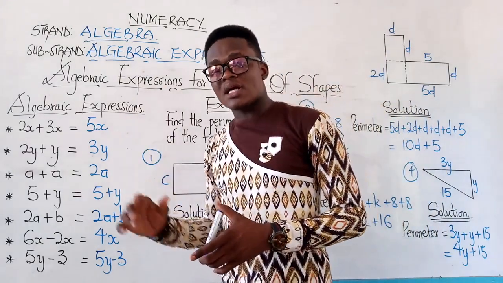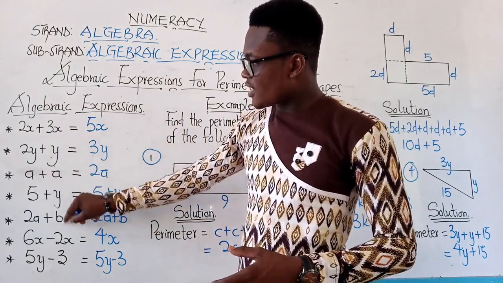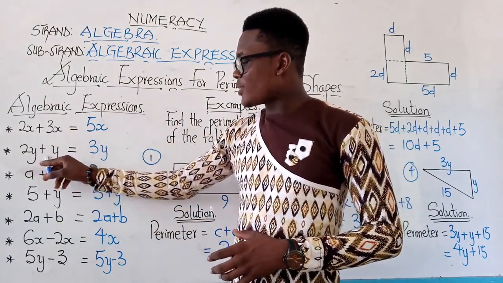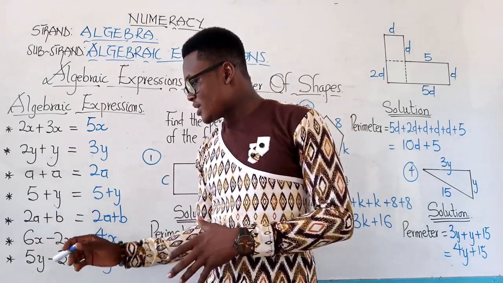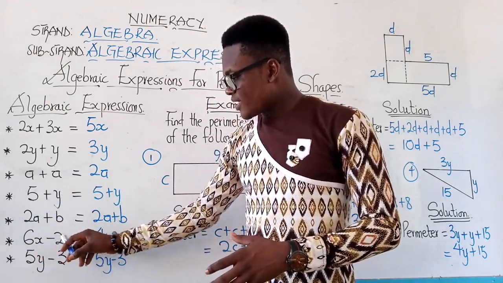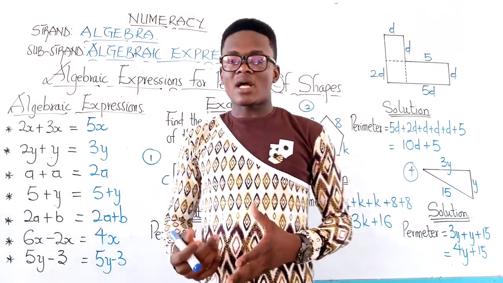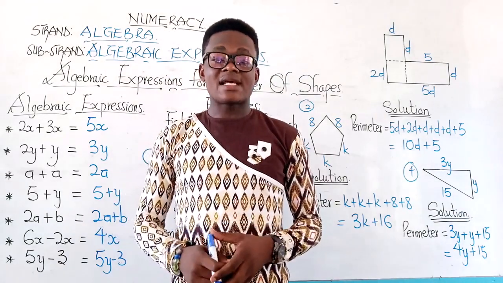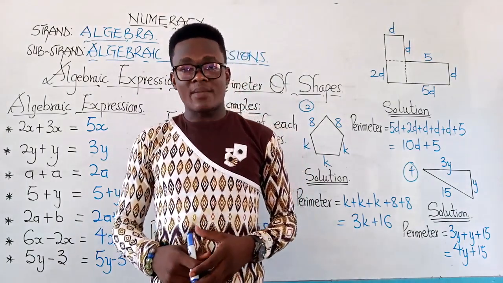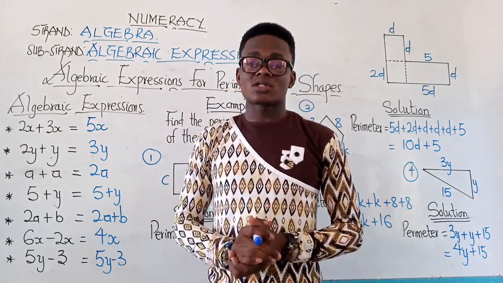But before we look at that, let's look at these algebraic expressions that we have here: 2x plus 3x, 2y plus y, a plus a, 5 plus y, 2a plus b, 6x minus 2x, 5y minus 3. In our previous lesson, we said that in algebra, letters are used to stand for numbers. When letters are used to stand for numbers, they are called variables.